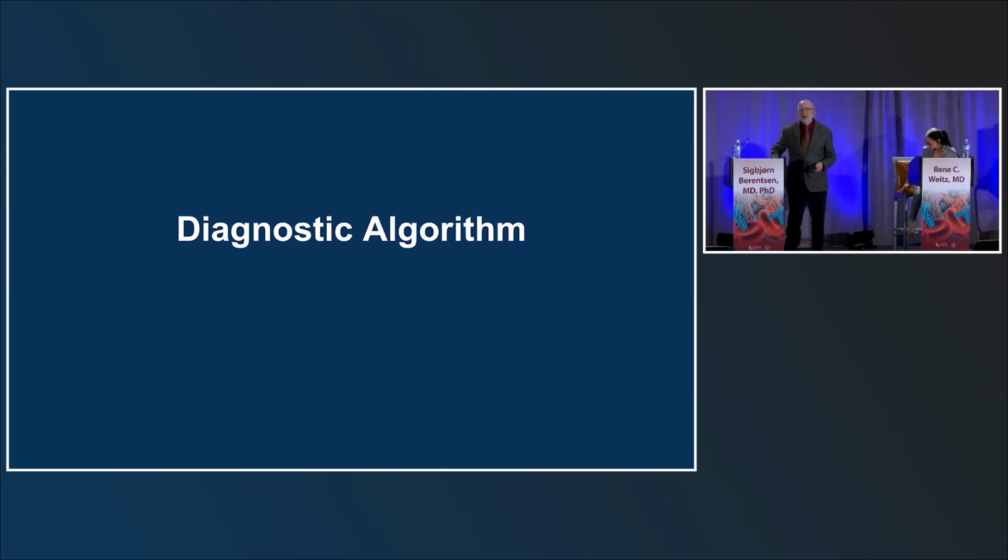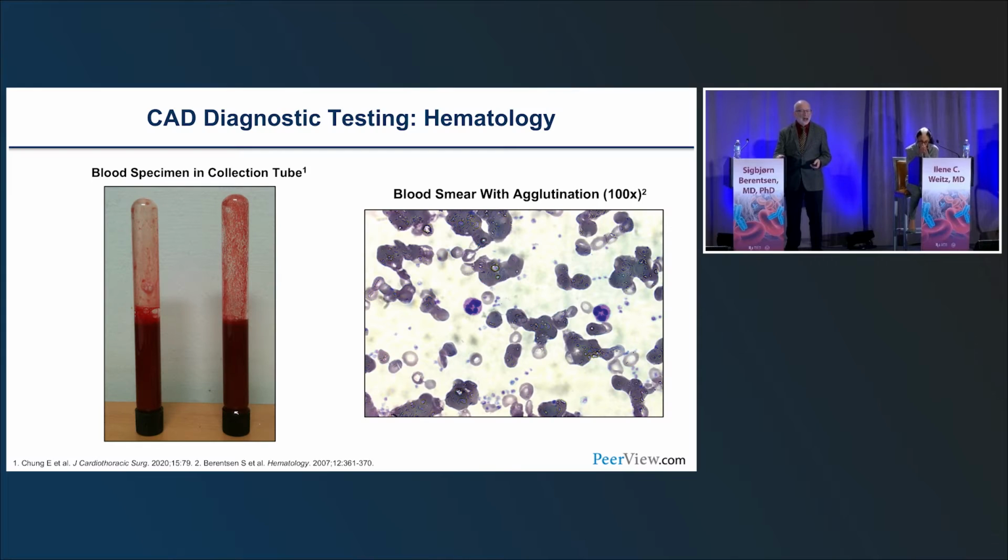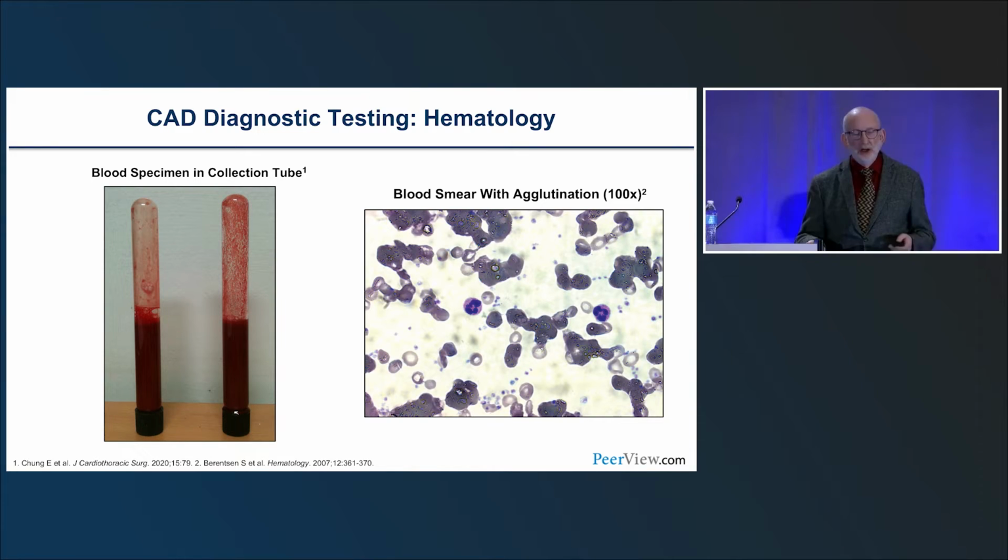Yes, then we have already heard something about diagnostic, and I'm going to continue with an attempt to present the diagnostic algorithm. And first, I know that most people in the US are not used to looking so much in the microscope.